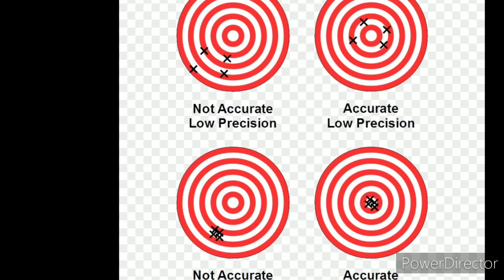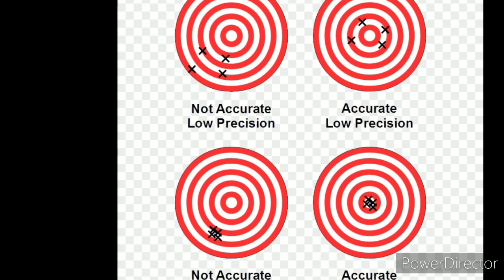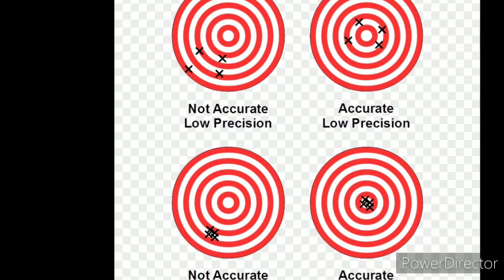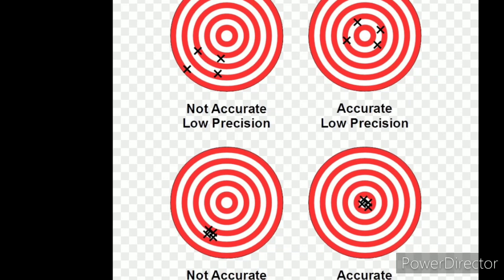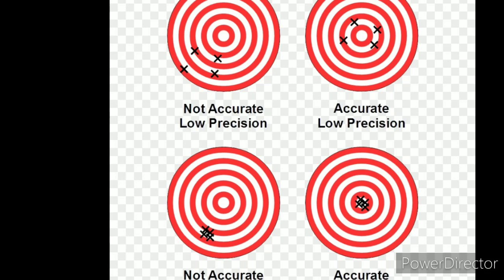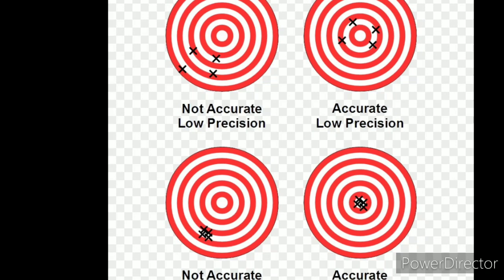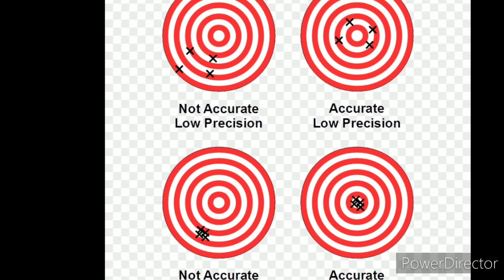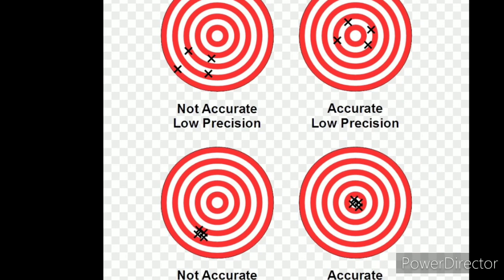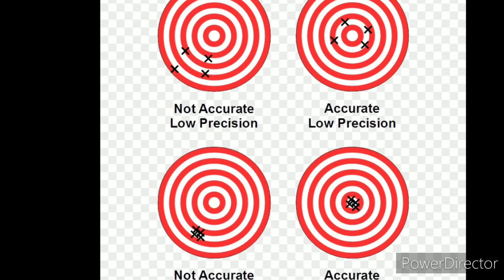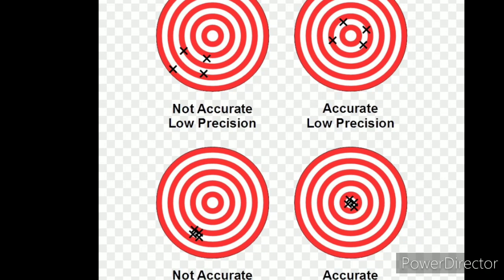Meaning to say, it is the difference between the experimental value and the true value. The greater the difference between the experimental value and the true value, the less will be the accuracy, and the closer the experimental value and the true value are to each other, the more accuracy there will be in the measurement.